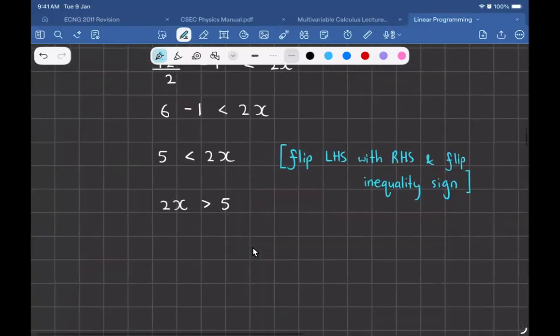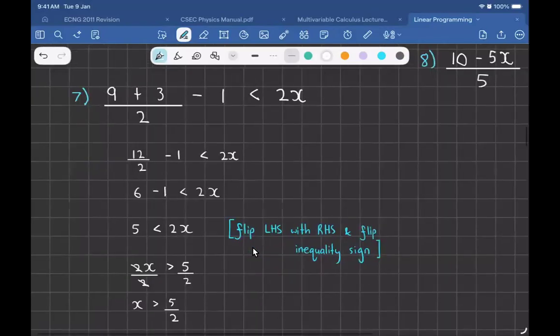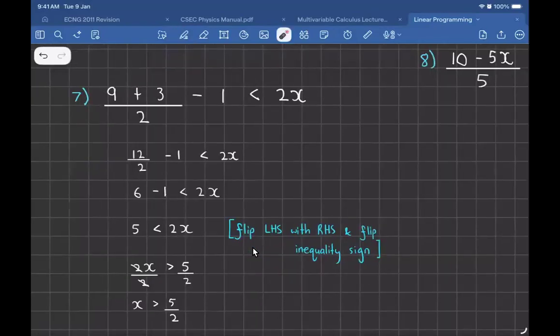Not that bad, though, right? And then what next? We divide by 2 on both sides. So this is the answer, right? I'll just copy this down. So guys, sometimes you should see if you can simplify first before you do anything. In this question, you could actually add 9 and 3, which gets 12. 12 over 2 is 6. So look to simplify before you do anything first. Piece of advice.